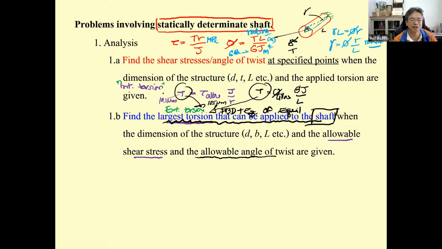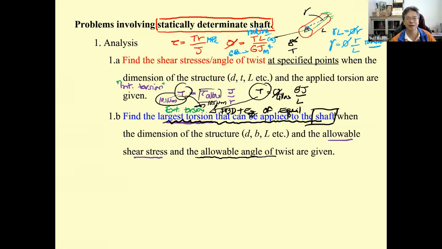When it reaches 10.1, the structure will be considered failed by the allowable, and this is the governing value of torsion that we use.